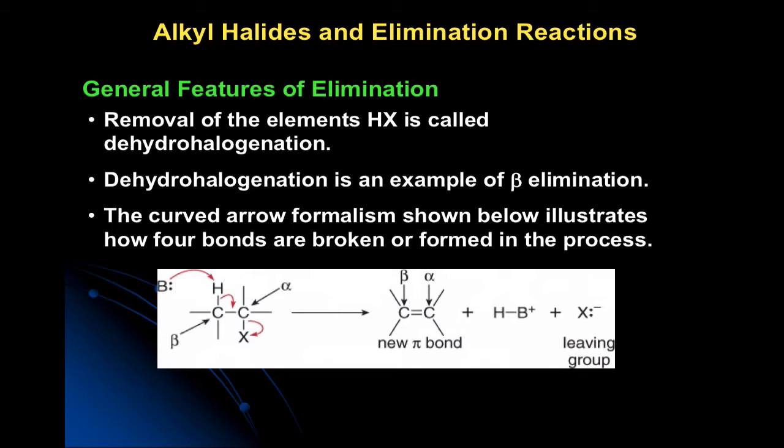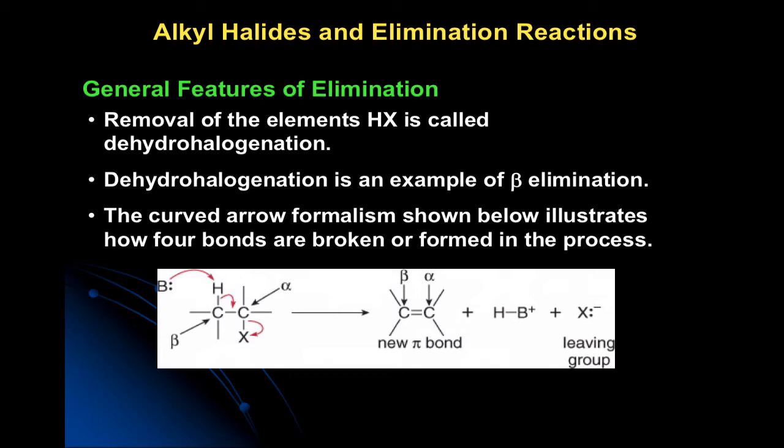What can you tell me about that hydrogen and that halogen? How are they oriented with respect to one another? They are kind of trans to one another. We don't call it trans, but they are kind of trans to one another. We actually call this anti-periplanar. Notice that the hydrogen that you have to eliminate has to be, if this is a plane, on the opposite side of that plane.